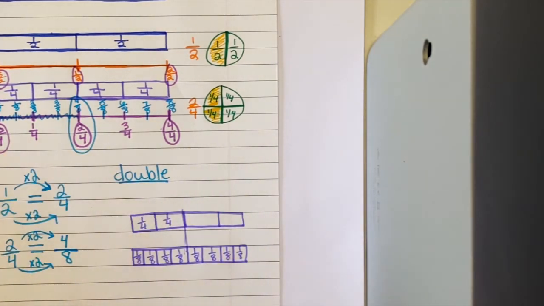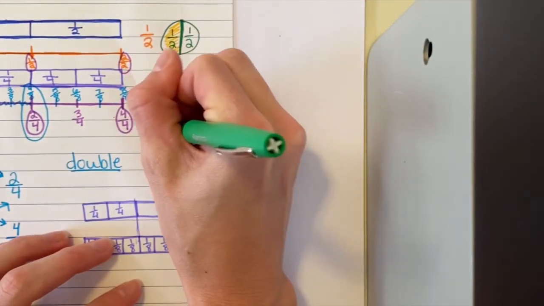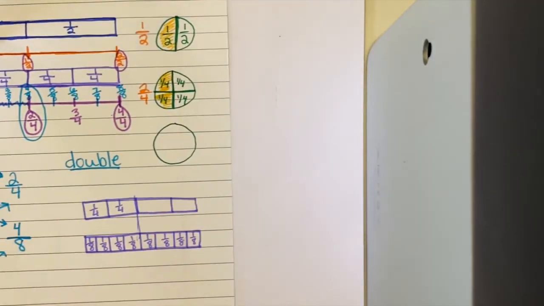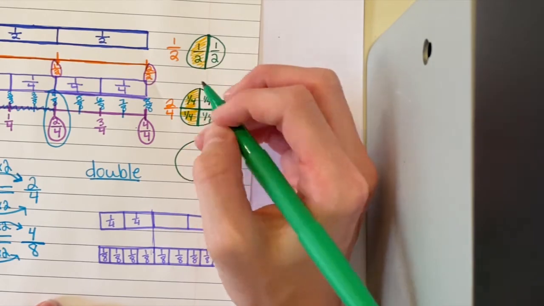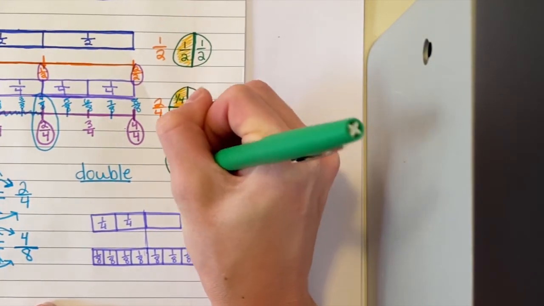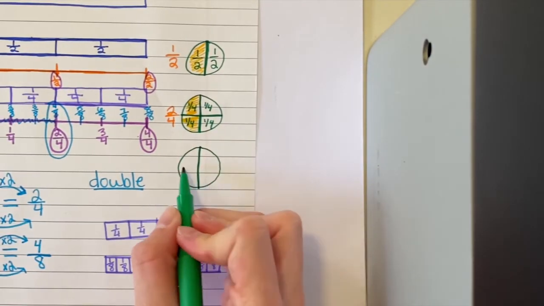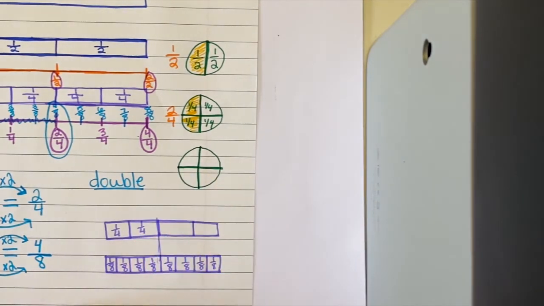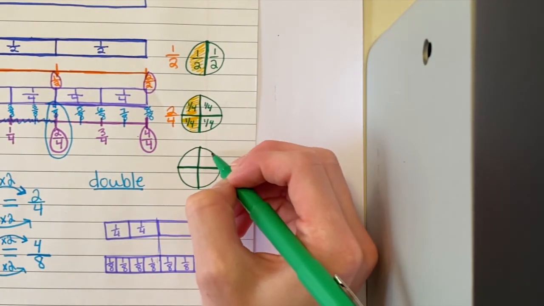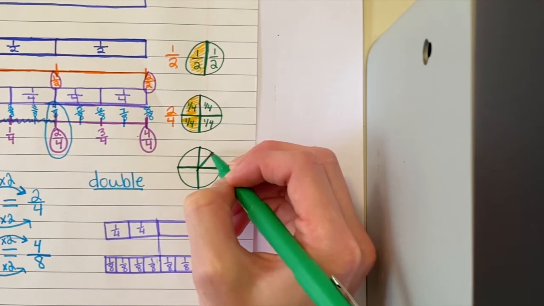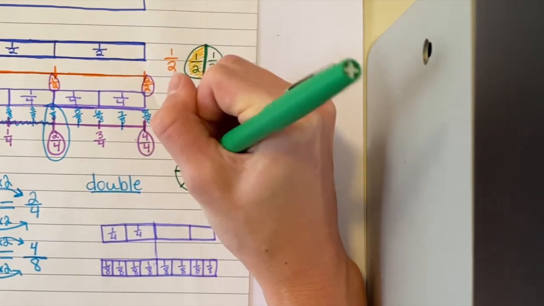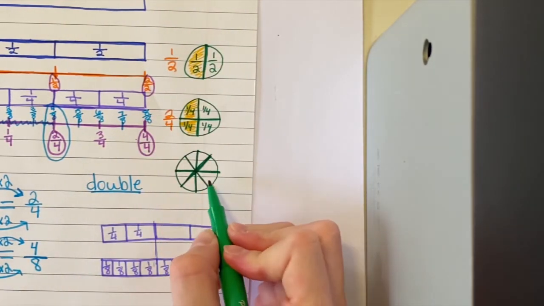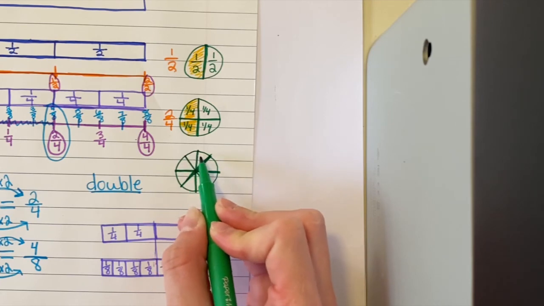And if you'd like to see it on the circle, I get intimidated by drawing these circles. Same thing for our circle. We use that half to draw our fourths, because we need our fourths again. But then remember, we gotta cut our halves in half. How do we do our eighths? We cut each fourth in half. We double each. And now you have 1, 2, 3, 4, 5, 6, 7, 8.